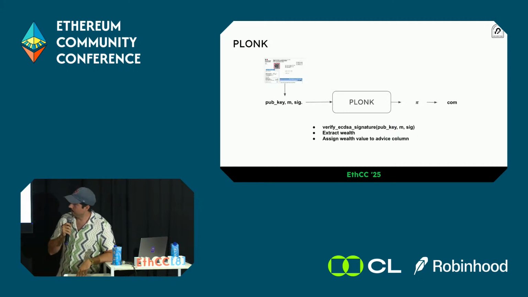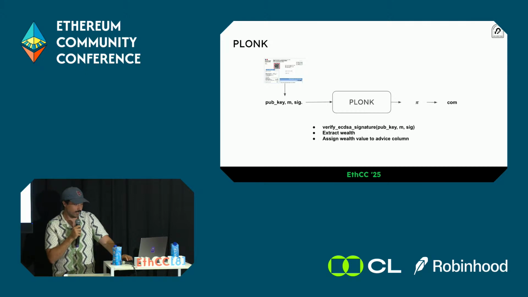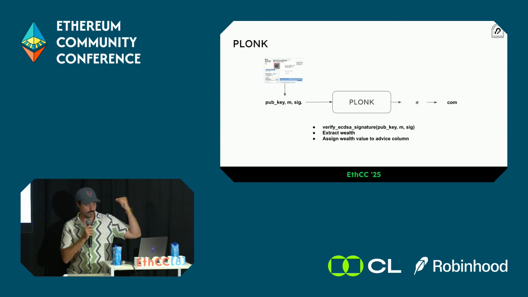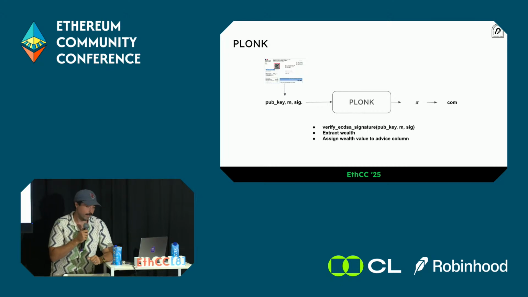So Alice and Bob, they live in a wonderful country, which is France, and their tax report is actually signed with ECDSA. So they are able to prove their revenu fiscal de référence, and they are able to insert the public key of the government, the message that has been signed, and the signature into a circuit. The Plonk prover is going to check the signature of this data, attest that in fact there is well-formed data that was signed by the government without revealing anything that was signed.